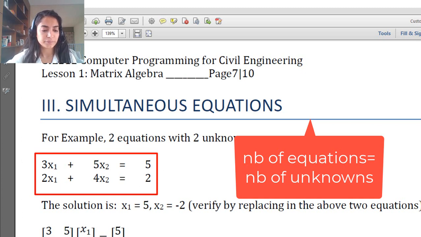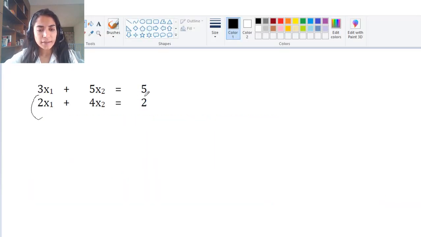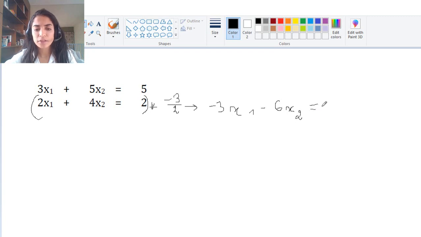Let's do it. Okay, so I'm gonna multiply the second equation by minus 3 over 2. So basically this equation will be what? If I multiply 2 by minus 3 over 2, this will be minus 3x1 minus 6x2. And this should be equal to what? To minus 3.